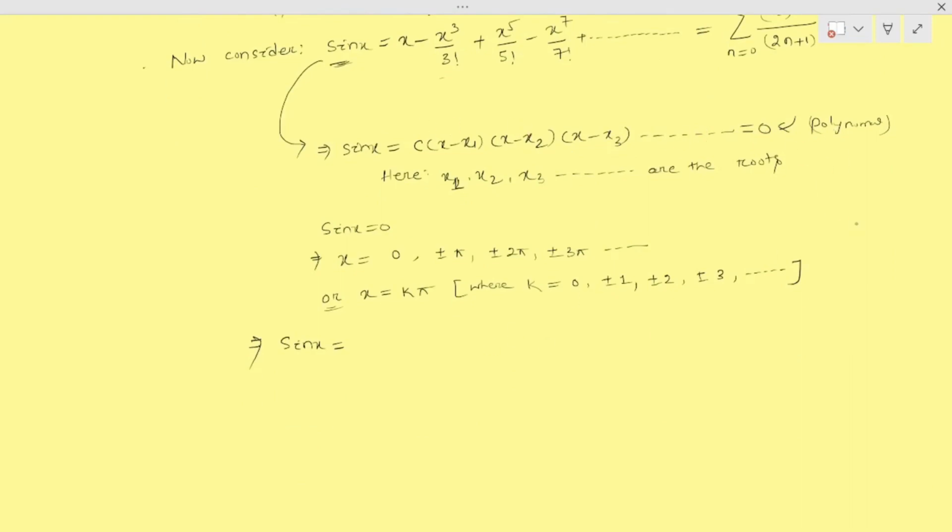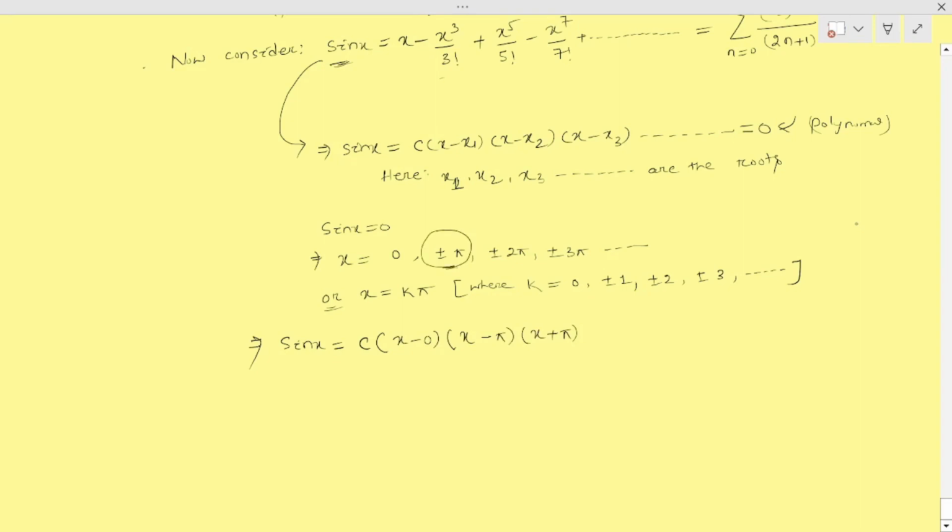This polynomial, that means sin x equals c into x minus the first root, which is 0, so it is x minus 0, then x minus pi, another root is plus pi. If I consider this, then from this I can get plus pi and minus pi.